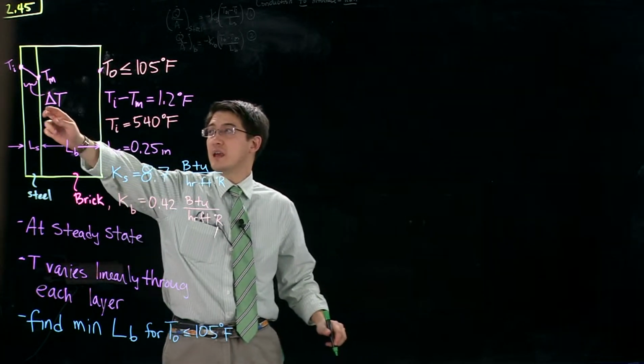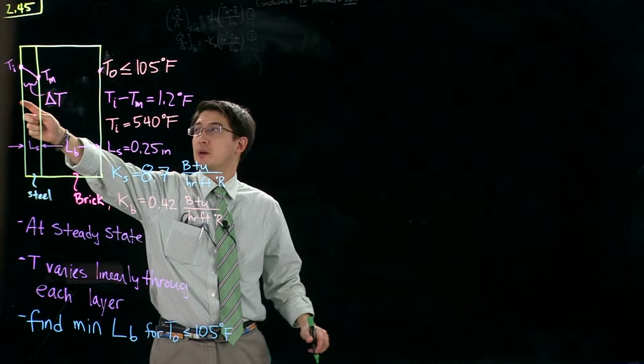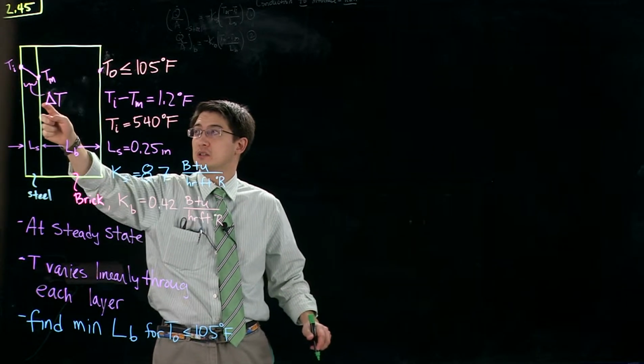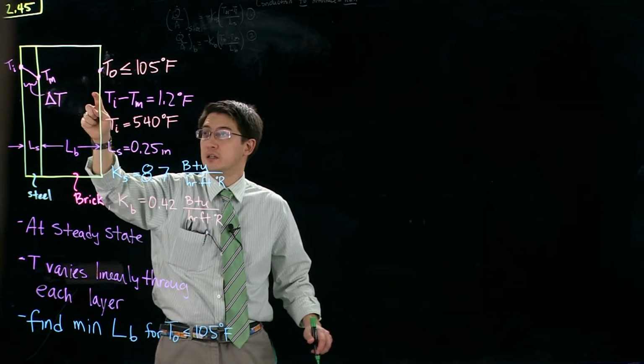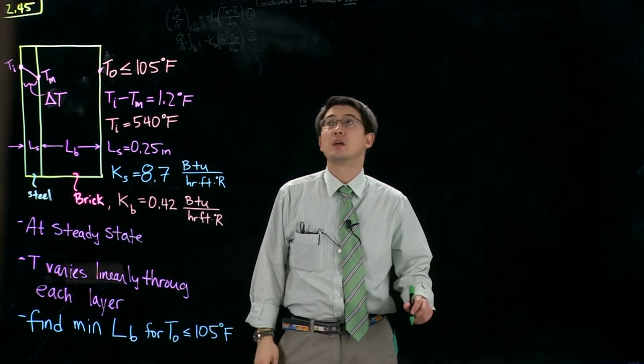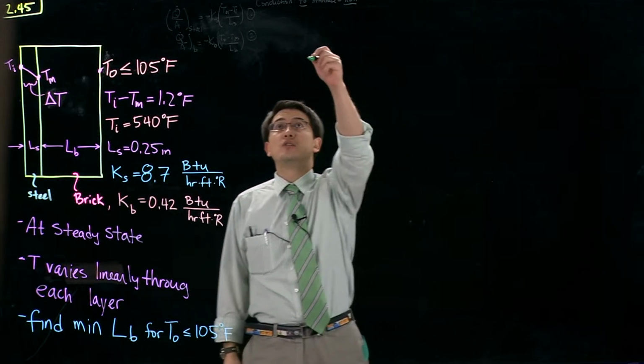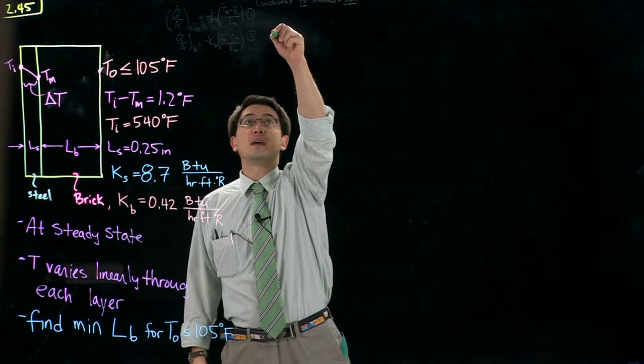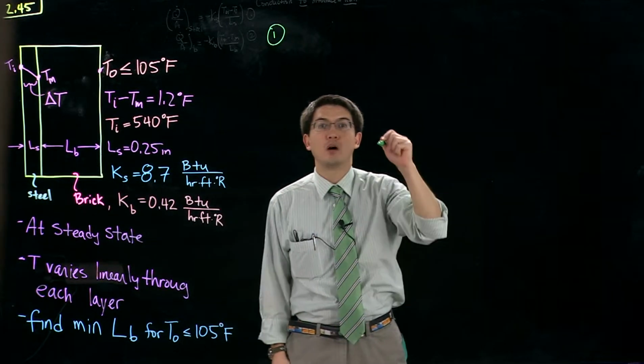We know at the interface they have to be the same temperature, and we know that we can go from here to there, linearly dropping, and from here to here, linearly dropping in temperature. All right, so let's set this up. For the first part, I'm going to call this equation 1.